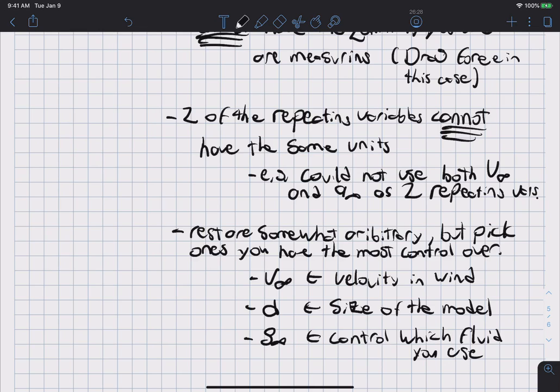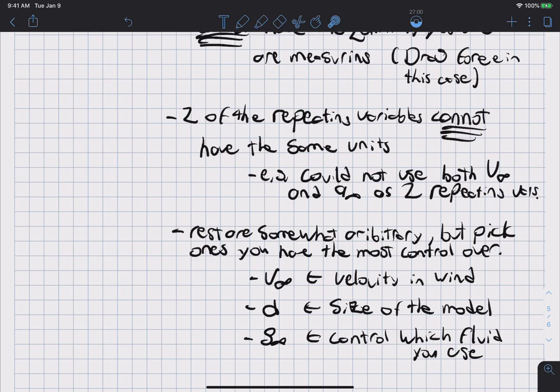And so in general, for the other repeating variables, you just need to think about how you're going to do the experiment and pick the things that you have the most control over. You don't have a whole lot of control over the viscosity, so you typically wouldn't pick viscosity to be one of the repeating variables. Okay?